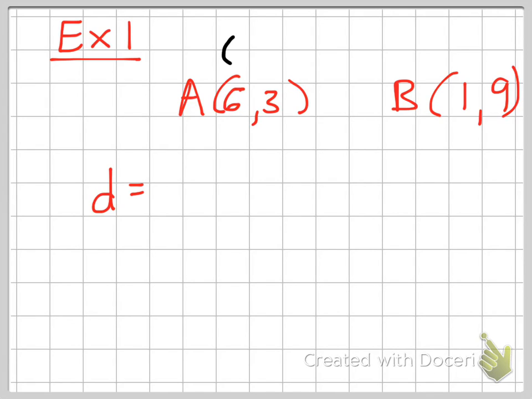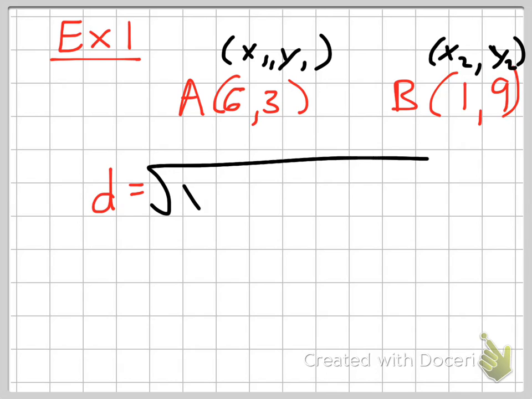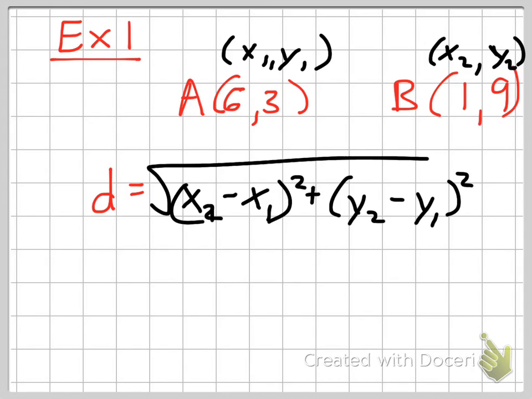So we're going to say our A value is x1, y1, and then we'll say B is x2, y2. It doesn't really matter which one, you just have to pick either A is x1, y1, or B is x1, y1. You just have to be consistent. So distance equals the square root of x2 minus x1 squared plus y2 minus y1 squared.